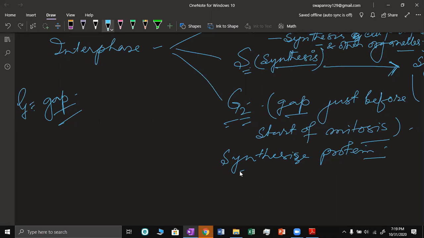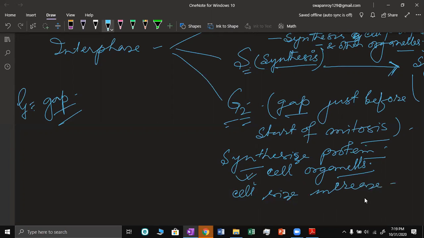They synthesize their cell organelles, okay, and also the cell volume increases. Cell size increases due to increase in the cell protoplasm, cell organelles, etc.